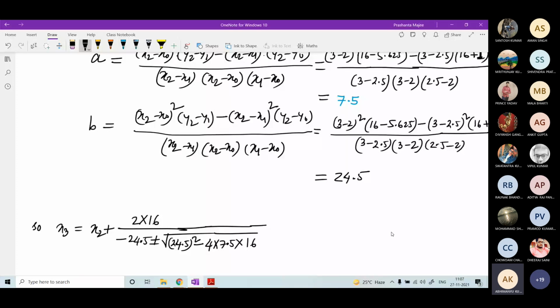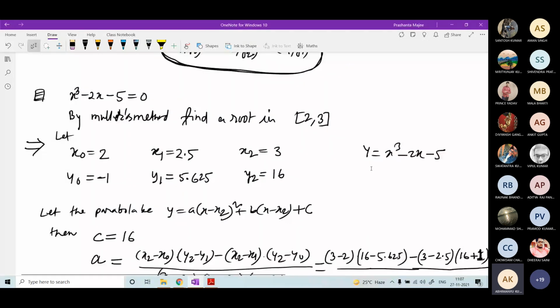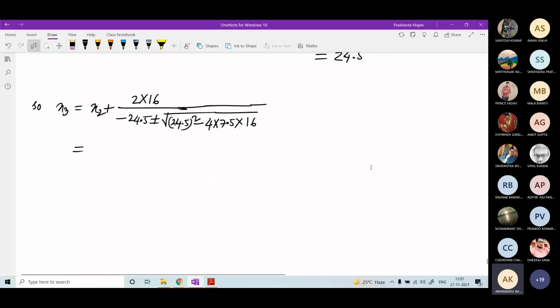So what was x2? Look at the initial guesses. x2 was 3. So it will be 3 plus, in the numerator it is 32. In the denominator it is minus 24.5.